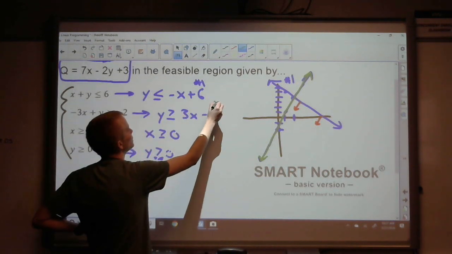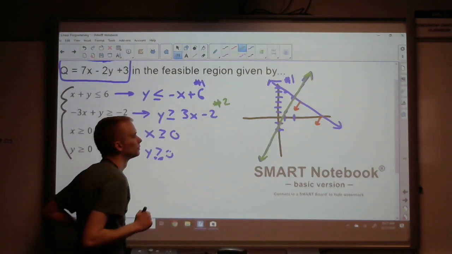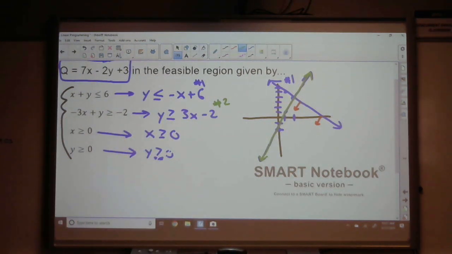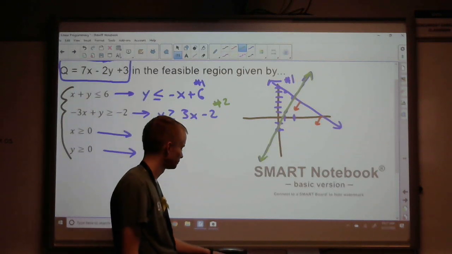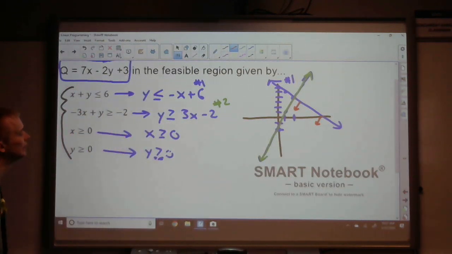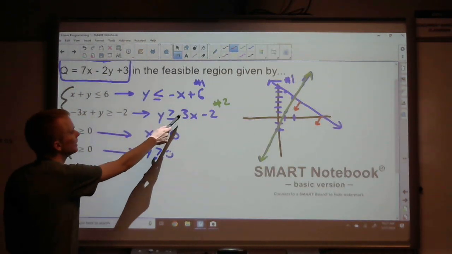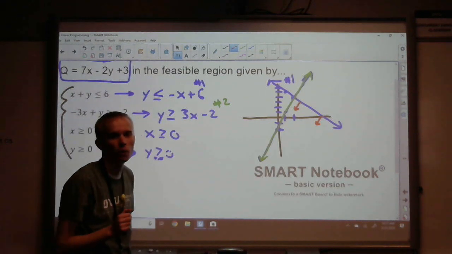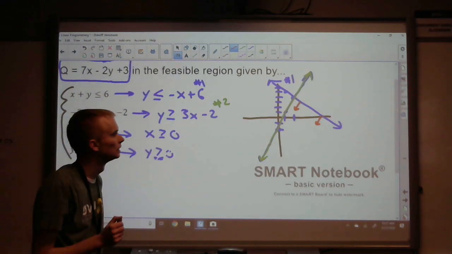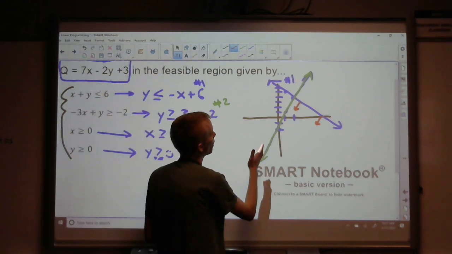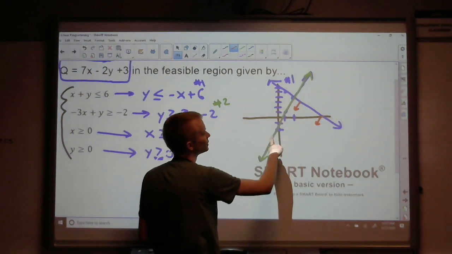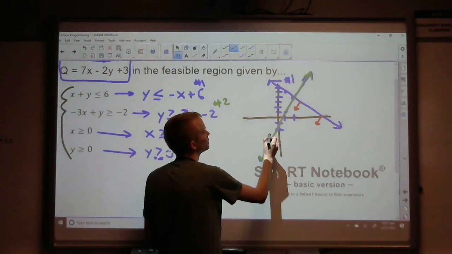So this is number 2, our second equation that we're graphing. And we're saying y needs to be greater than or equal to this, right? So y needs to be bigger, which means you're above the line. So on top of the line is where we're going to be.